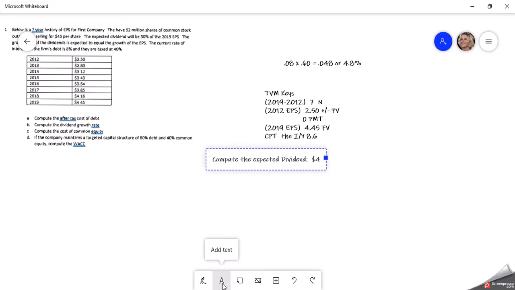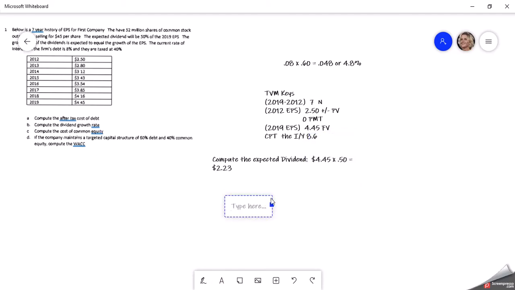So that's going to be the 4.45 times 50%, and that gives us $2.23. I'm going to round it to the nearest cent. So that's the next step we have to do before we can compute the cost of equity, because it's included in that formula.